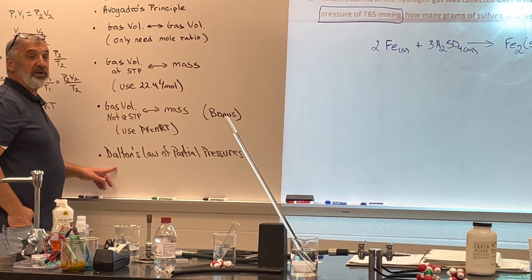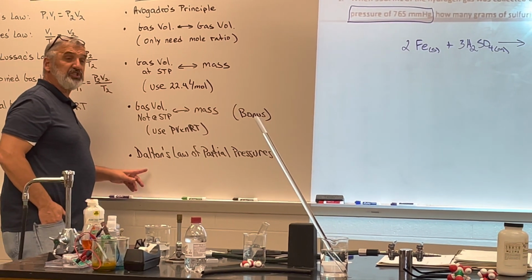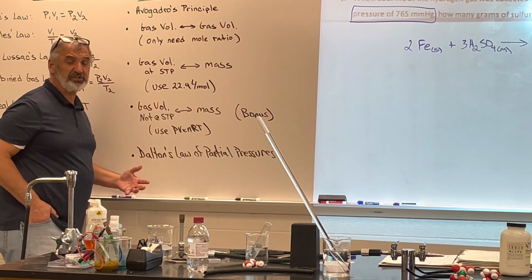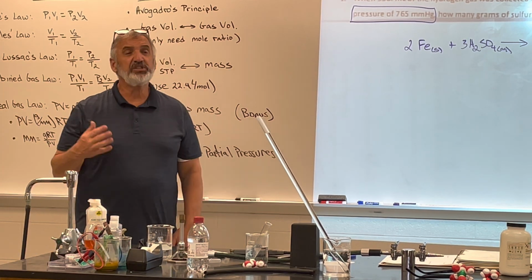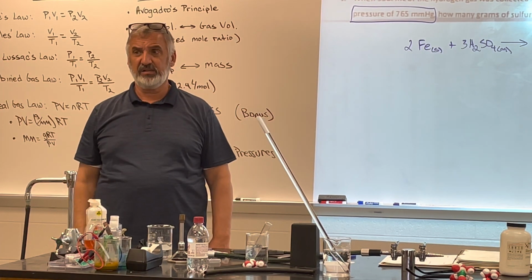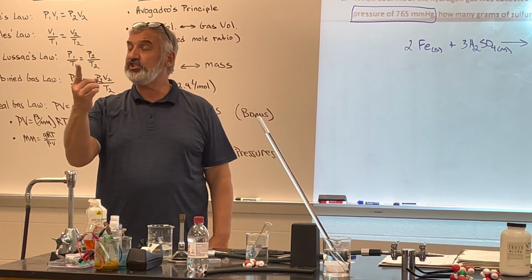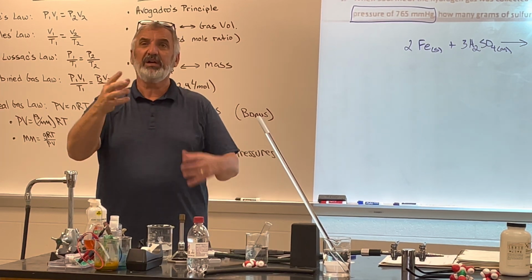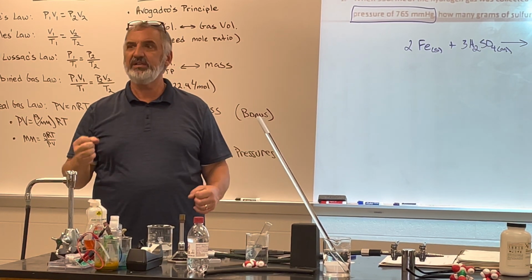Dalton's law of partial pressure just simply says that the pressure of a mixture of gases is the sum of the partial pressures. Let's say it this way. In this room right now, what are we breathing? Oxygen is the life-giving thing we're breathing. What's the most abundant thing we're breathing? Nitrogen.